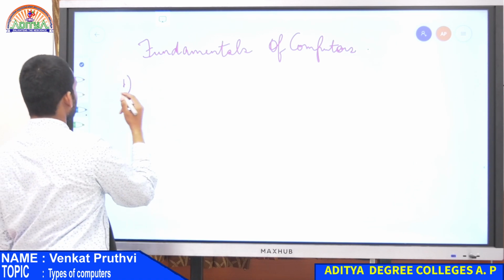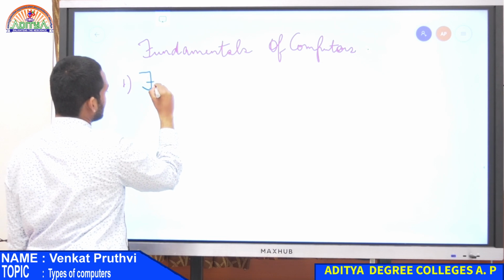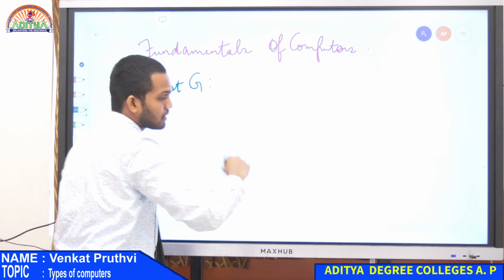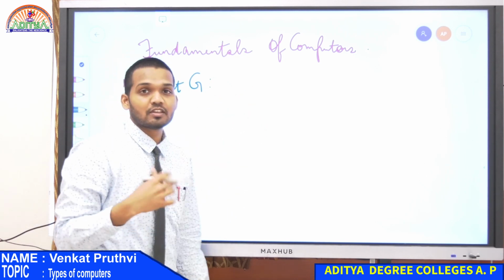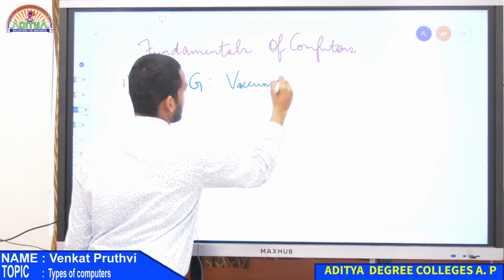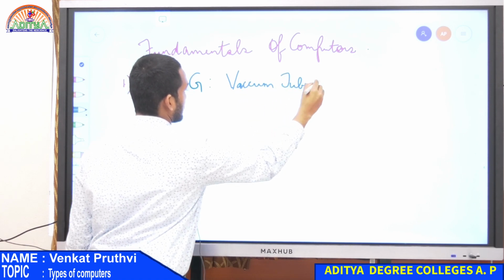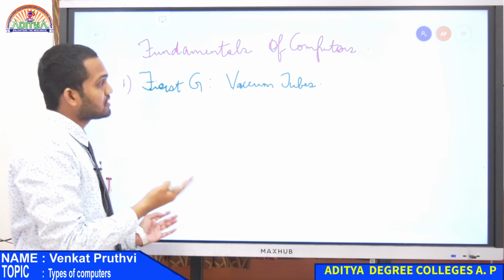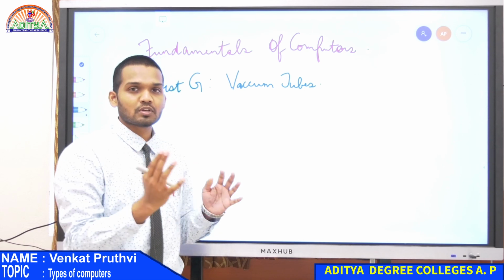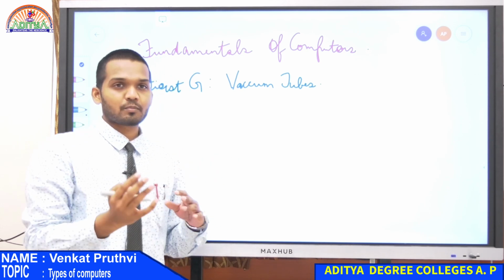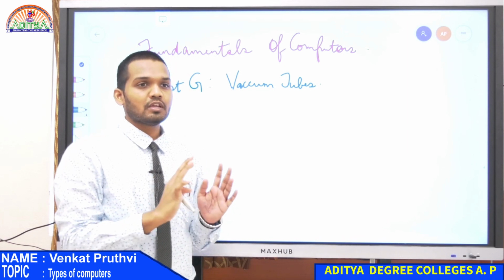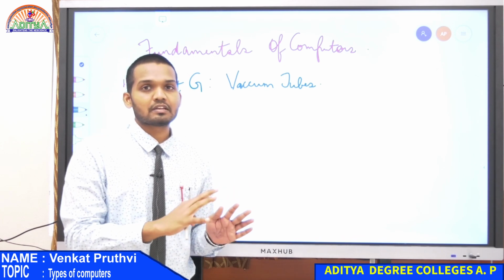So the first generation of computers were using vacuum tubes. Until then, we had technologies that were restricted to a single set of operations, and those computers were only able to perform restricted or constrained tasks.